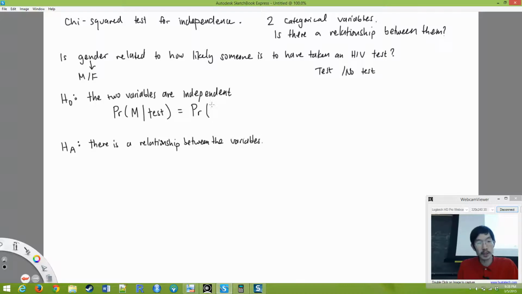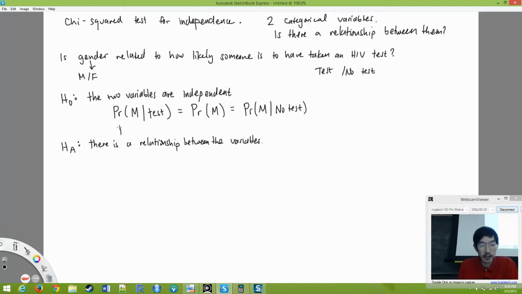Probability of male, or it could also be equal to probability of male given no test. Okay, so this is one way. There's many ways to state the null hypothesis, and this would be one way to do it.